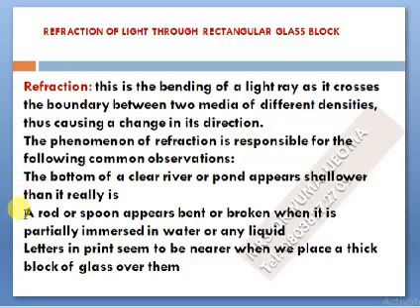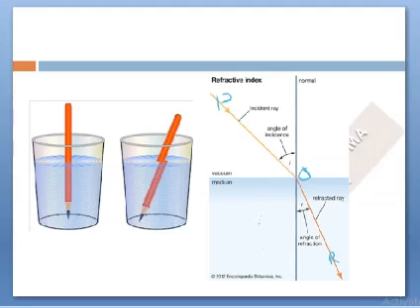Another one: a rod or spoon appears bent or broken when it is partially immersed in water or any liquid. When you immerse a spoon partially inside water in a glass and you look at it, you find that the spoon appears as if it is bent or broken.